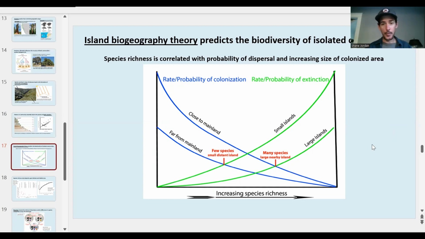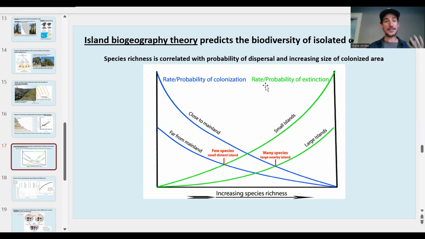And so, for example, we might have this sort of crazy looking set of curved looking lines here, but basically we see species richness increasing on this x-axis, and we have these two mirror-like dependent axes. Don't get too lost in trying to understand the complexity behind this.